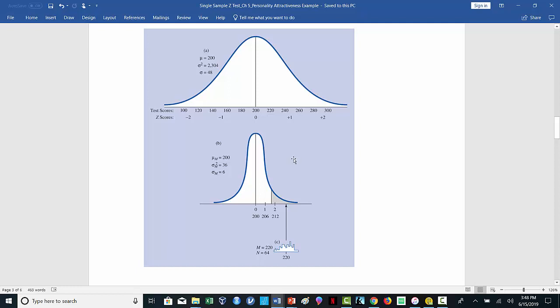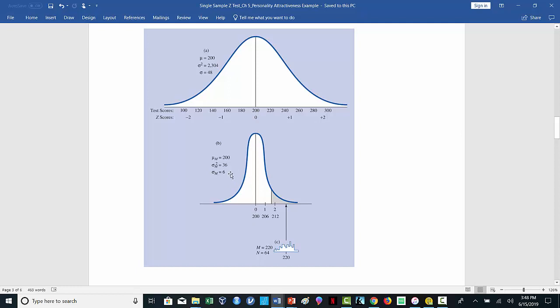If you estimated a distribution of means, the mean is going to be the same. Because if you do the same sort of study a whole bunch of times and calculate the mean each time, on average the means are going to approximate the mean of the actual population of individuals.